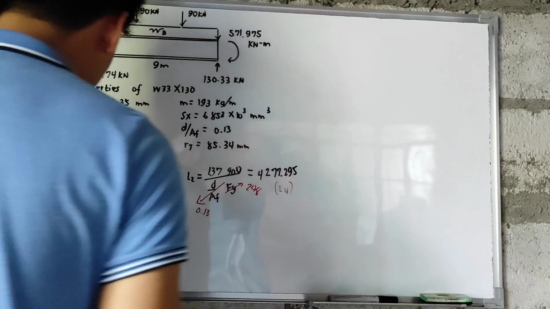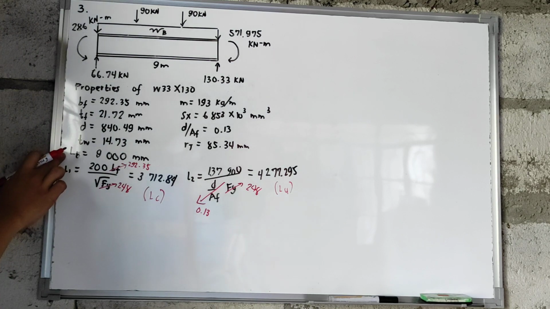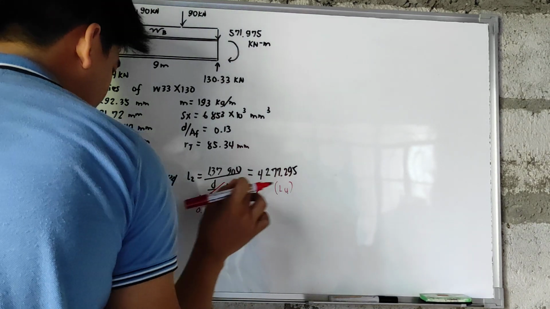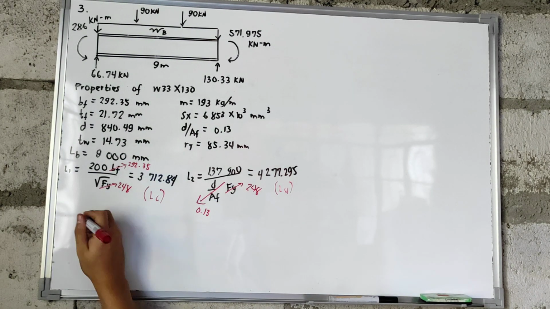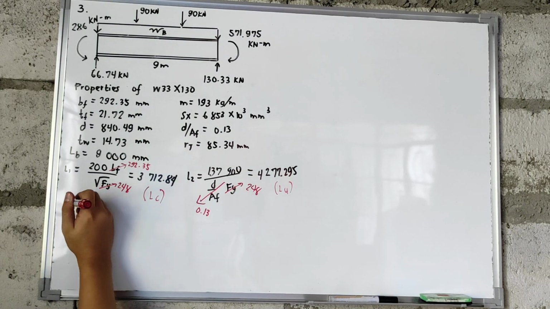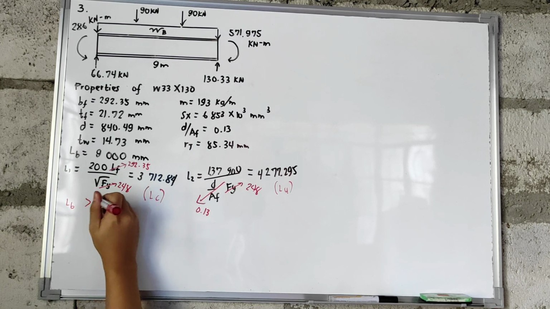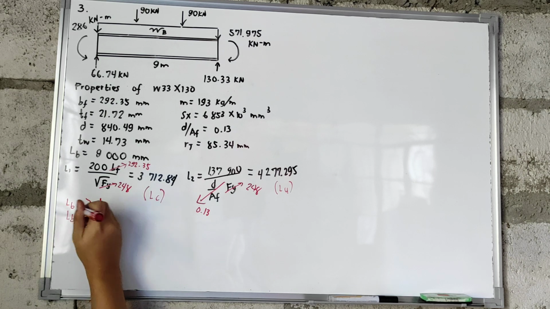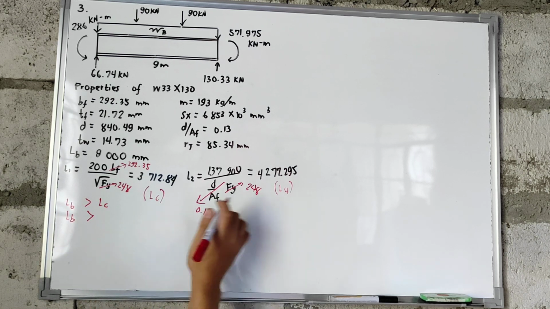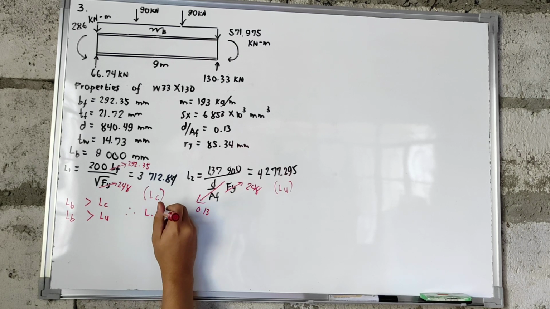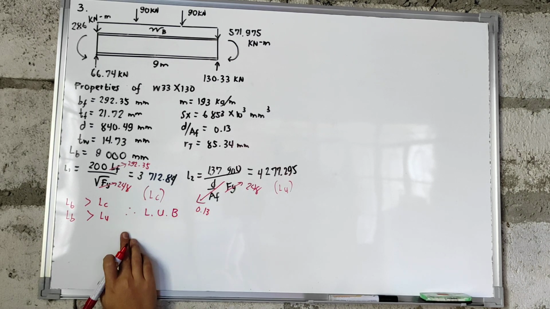So, pag-compare muna natin yung value ng unbraced length natin dito sa value ng L sub C tsaka L sub U. So, obviously, L sub B is greater than the value of L sub C. And also, L sub B is greater than the value of L sub U. So, meaning to say, laterally unsupported yung beam natin.